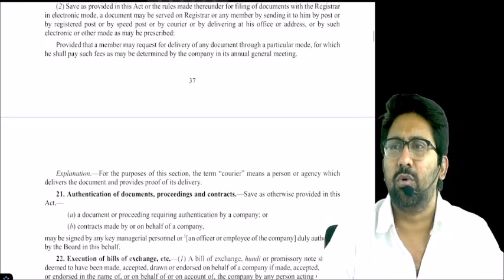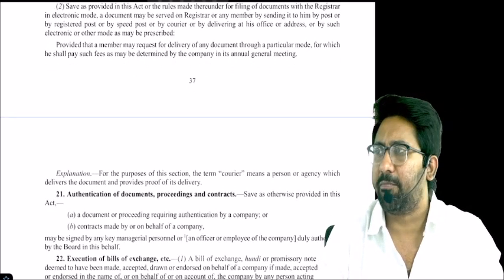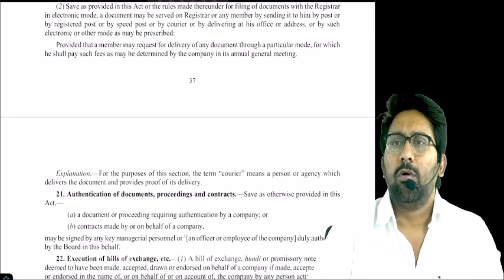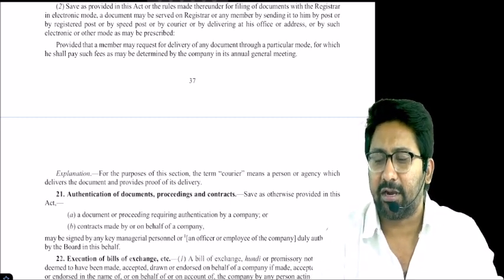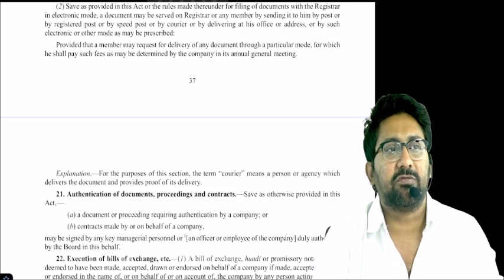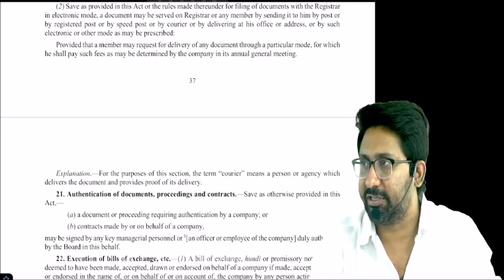Everyone in the class knows what is a holding and what is a subsidiary company already. Holding company in relation to another company means a company of which such one or more other companies are its subsidiaries.